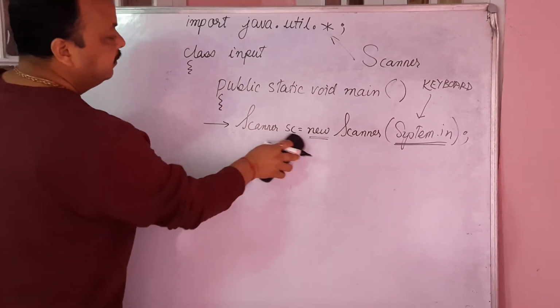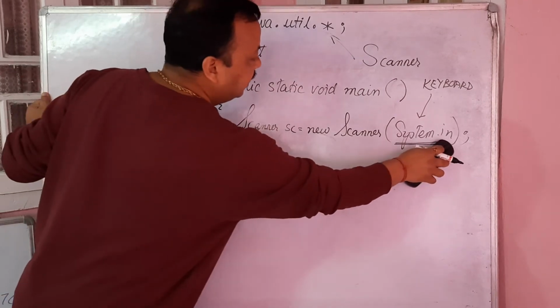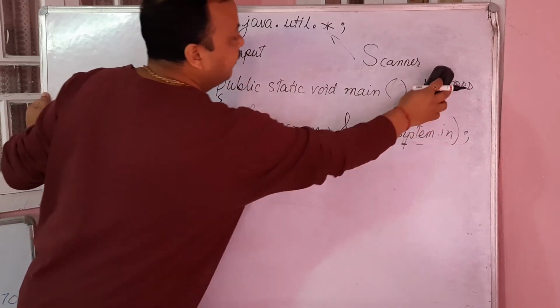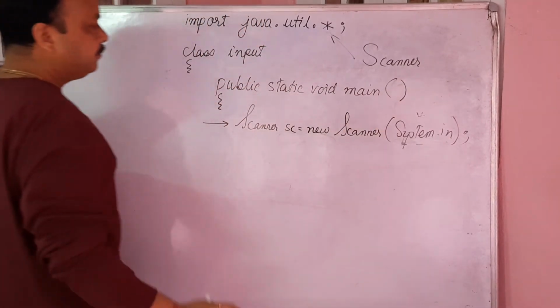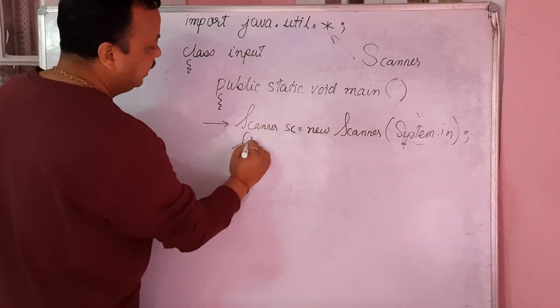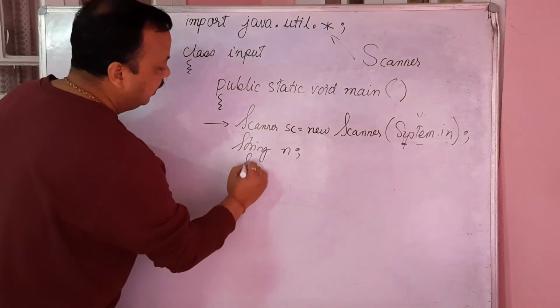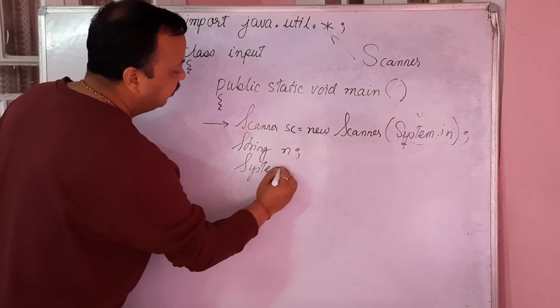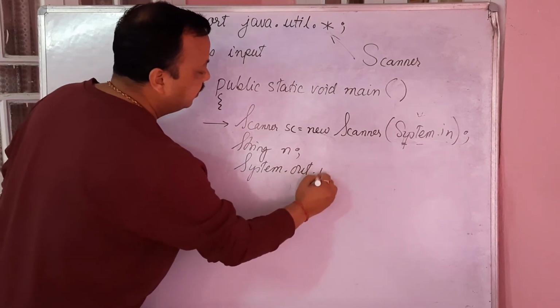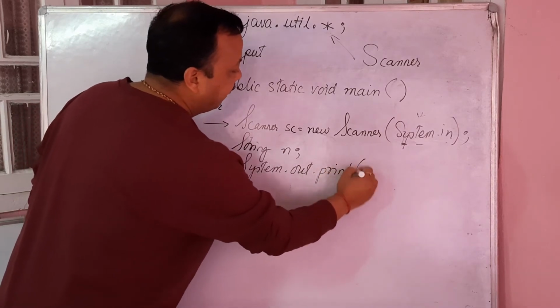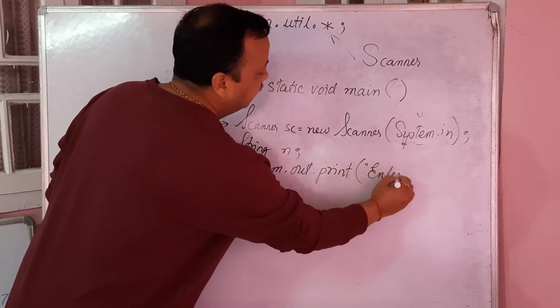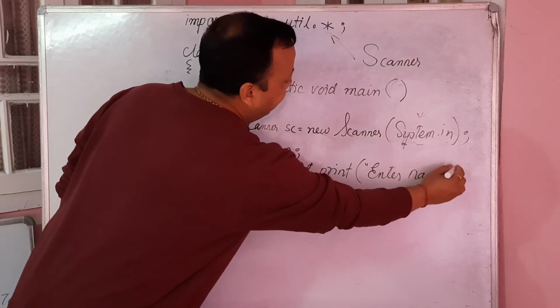Let's continue. I think it is clear to you now why we have mentioned this here. Now, the next thing is declaring the variable n, and then asking. This is an interactive program, remember, so we are writing System.out.print, enter name.